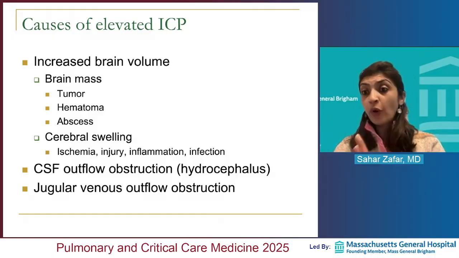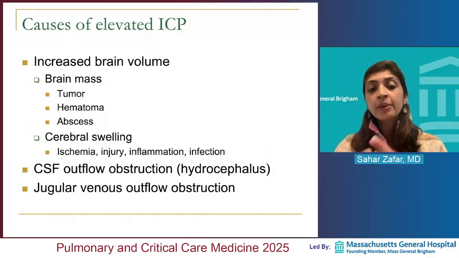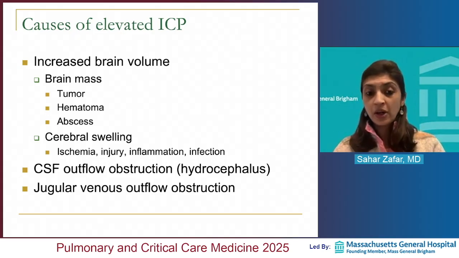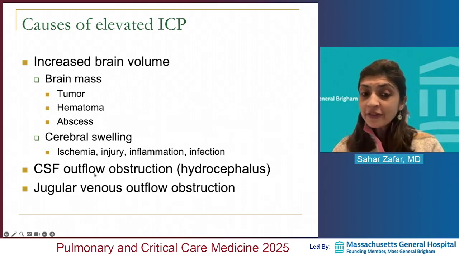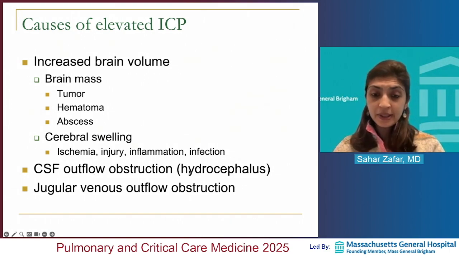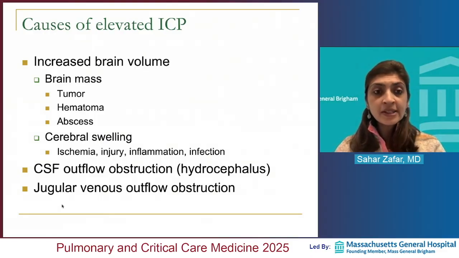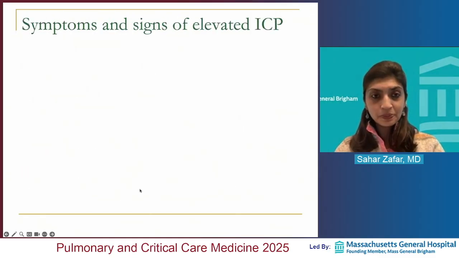And so this can be both focal or regional swelling around the area of injury, or it can be more global swelling, for instance, in infectious etiologies or in patients with anoxic brain injury. Outflow obstruction of the CSF, for example, in cases of hydrocephalus or subarachnoid hemorrhage. And then, of course, jugular venous outflow obstruction, as in the case of venous sinus thrombosis. All of these can result in elevated intracranial pressure.